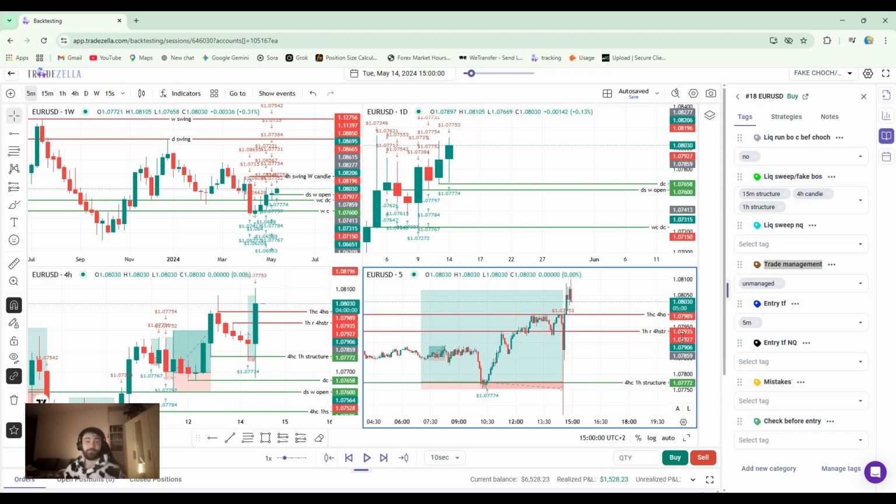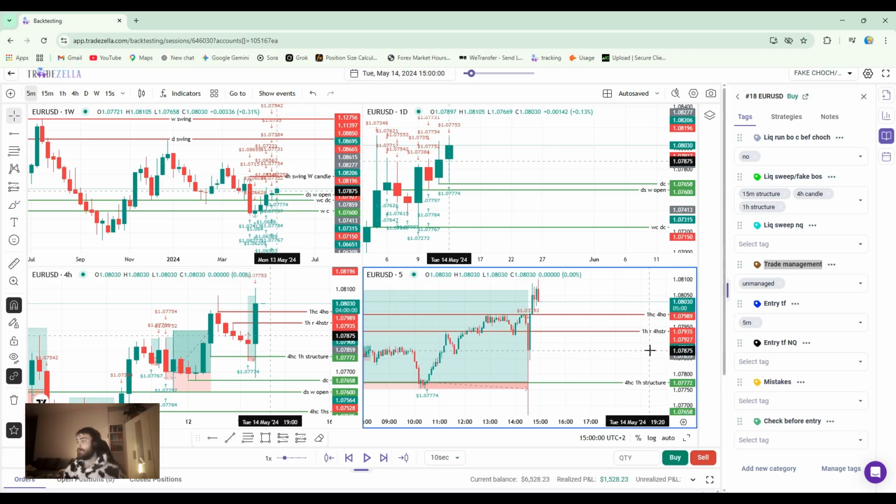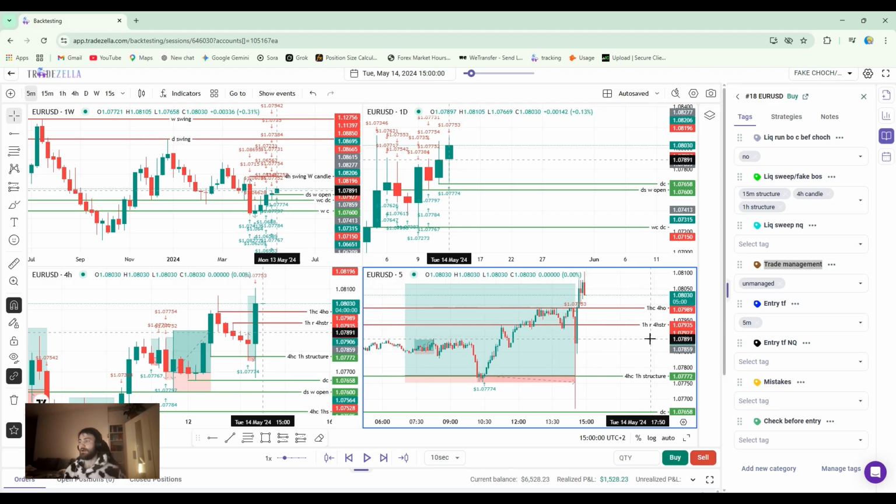Practice your edge more and more and more, not only on live accounts, but on demo accounts also, because you're gonna get training anyway, and you're gonna get trust in your edge, even if when using real money it's gonna be a lot harder.